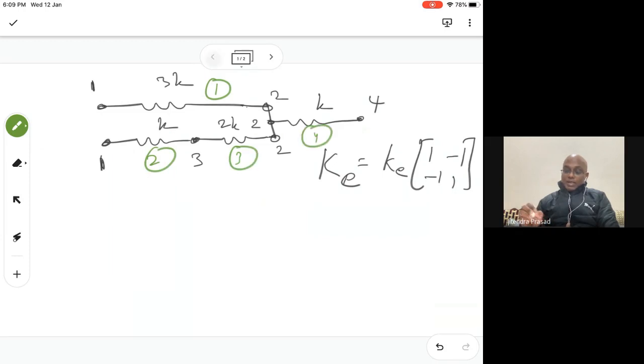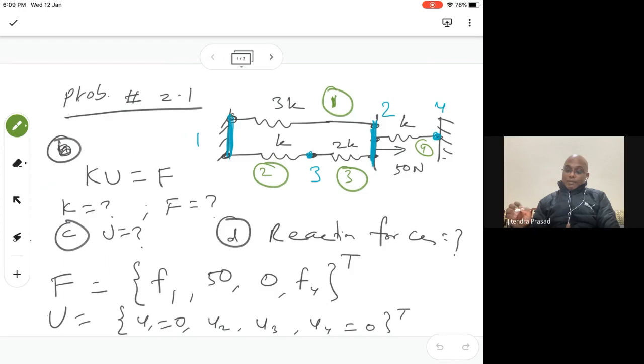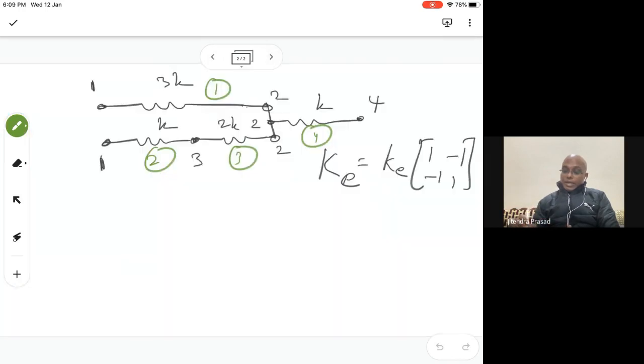This is how we decided the element numbering. Here e means the element number, and k is the spring constant, or stiffness, of the e-th element.